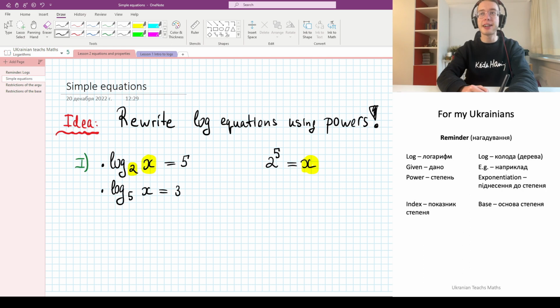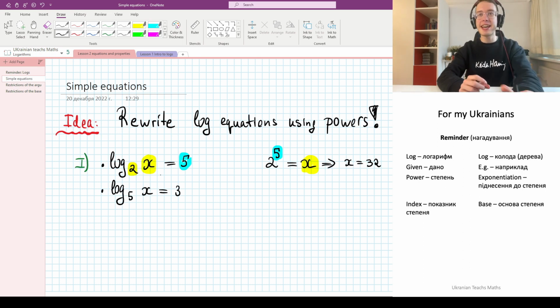So we have x equals 2 raised to the power of 5, which means that x is equal to 32, because 2 raised to the power of 5 is 32. So again, we had 5 equal to log, so we put this 5 up there as an exponent.